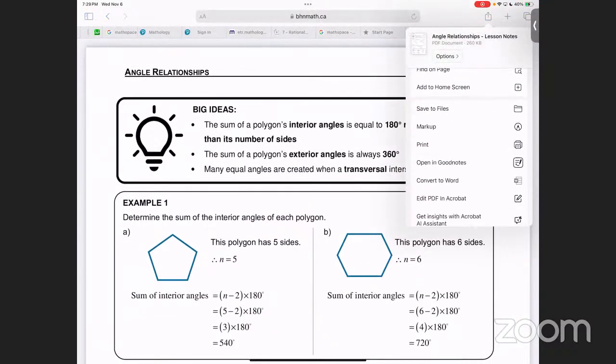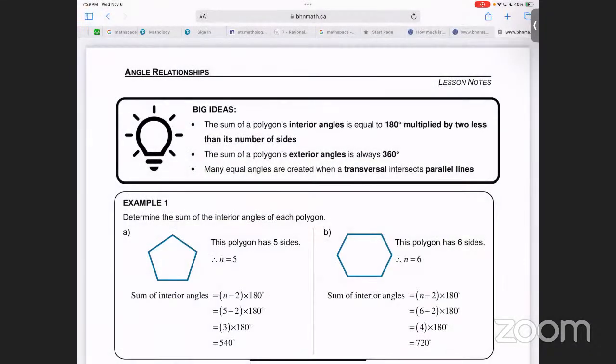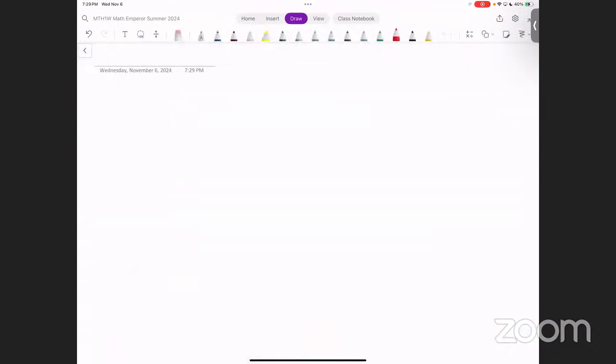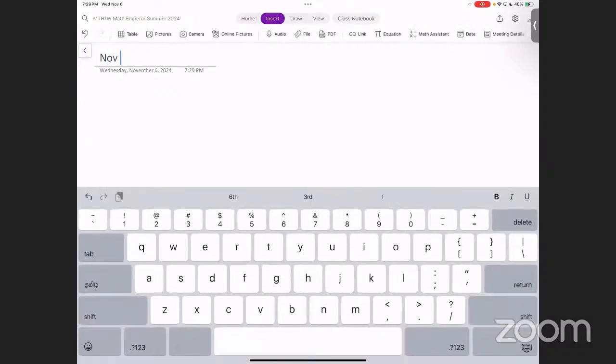That's okay. It's a grade 11 review. Grade 8 review. But let's do that. I'm going to add it here, October. I'm going to answer the questions. I'm going to finish it at 11:45, and then we're going to go through the questions. So October, November 6th lesson, angle relationships.